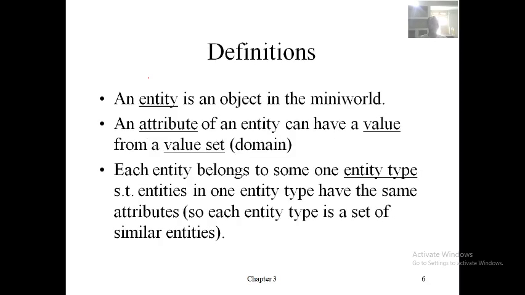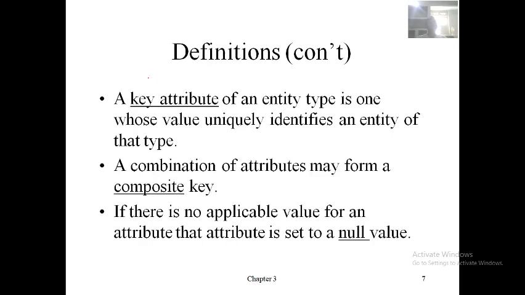In the next diagram I will show you what that value set is. Got it? Then each entity belongs to some entity type. This also we will see in the next slide. What is an entity type? Got it? Now, key attribute.